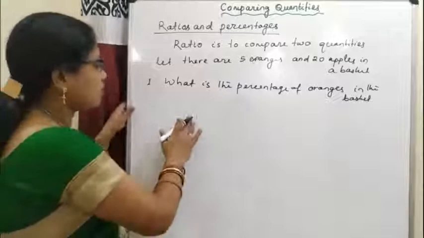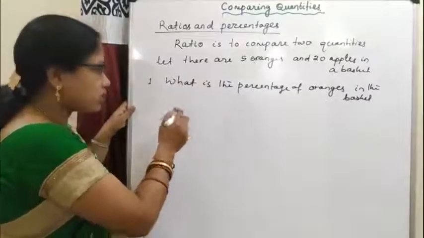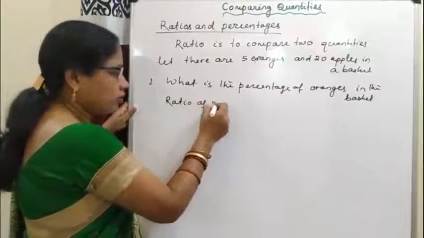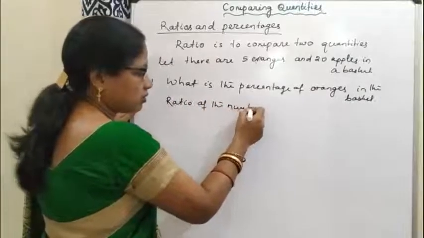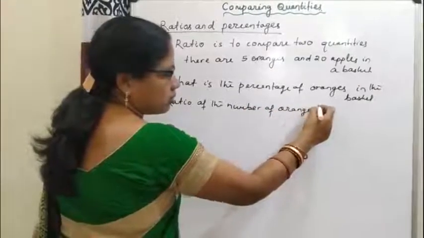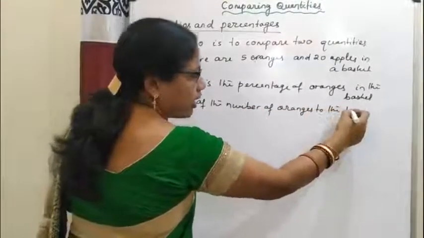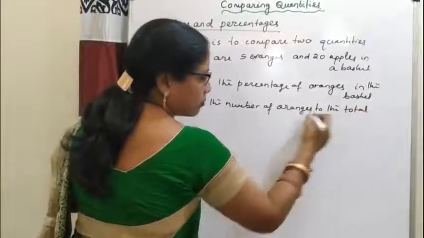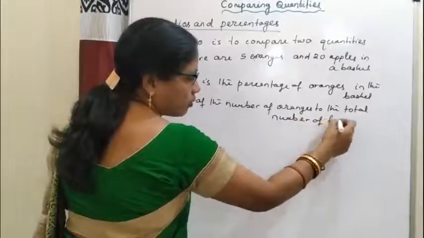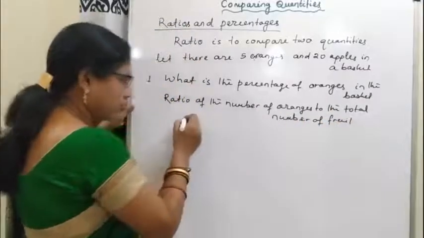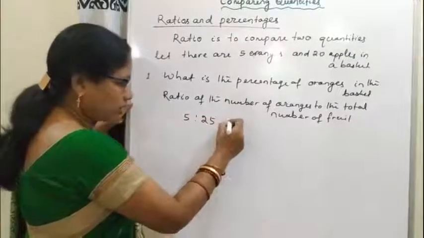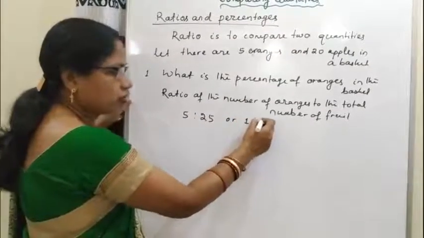So first from the ratio. First, what is the ratio of the number of oranges to the total number of fruits? This is 5 is to total number of fruits is 25, or that is equal to 1:5.